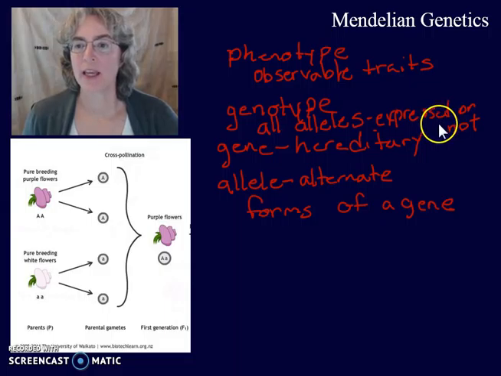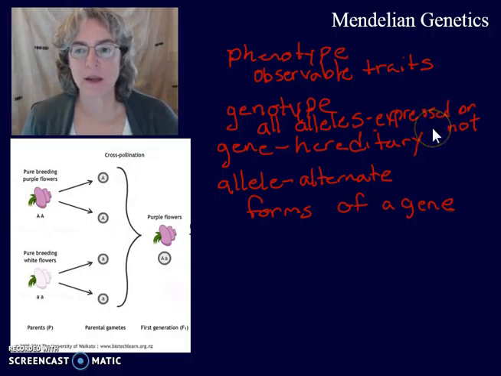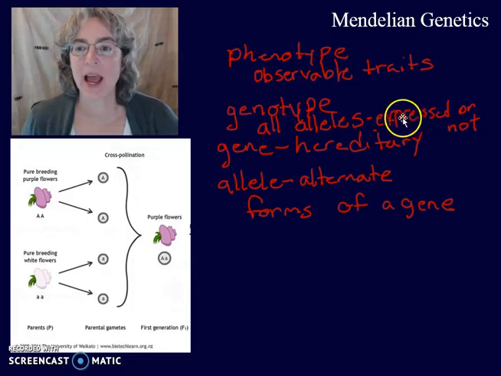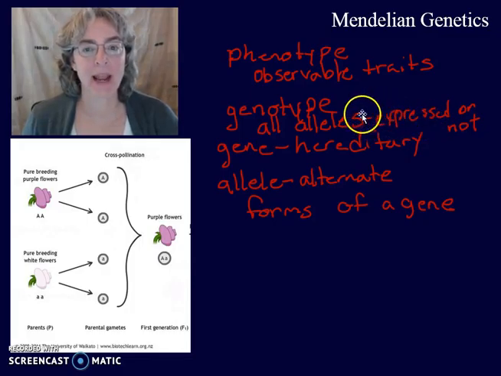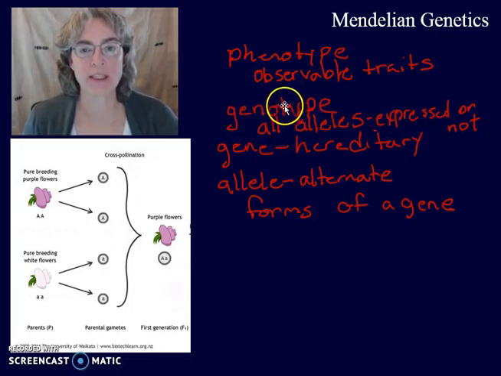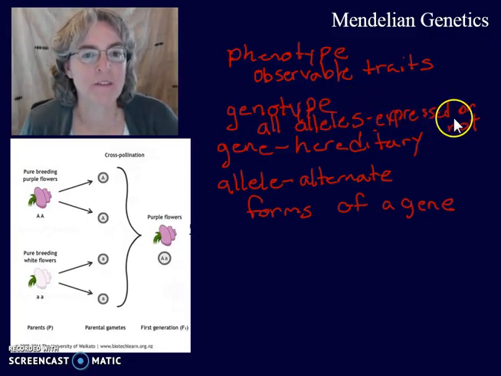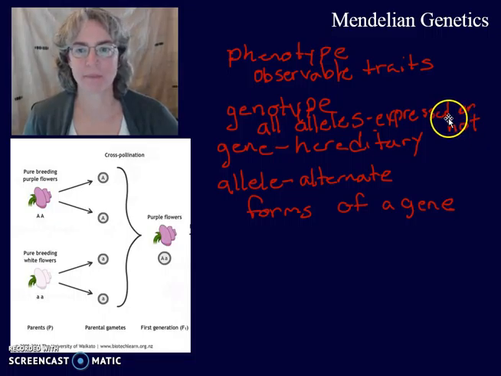So the latent trait that Mendel was talking about is still there. Even though it's not expressed, it's still hiding in there. So that and the dominant and the recessive are both considered the genotype, whether they're expressed or not, whether they're visible or they're hiding.